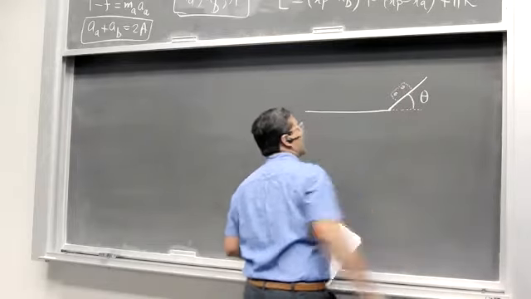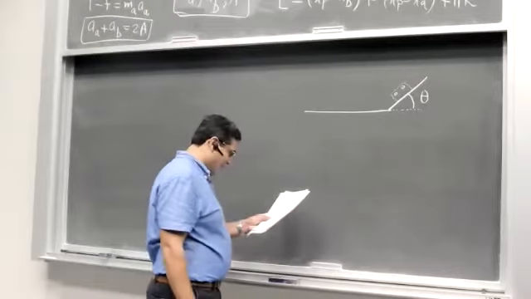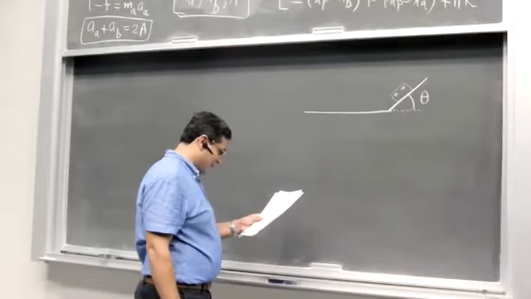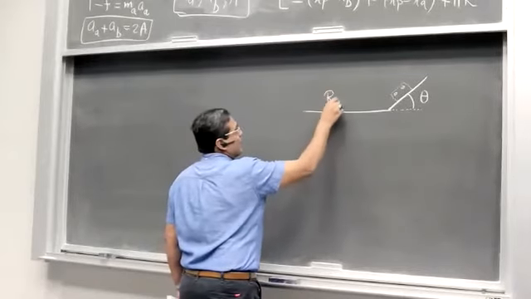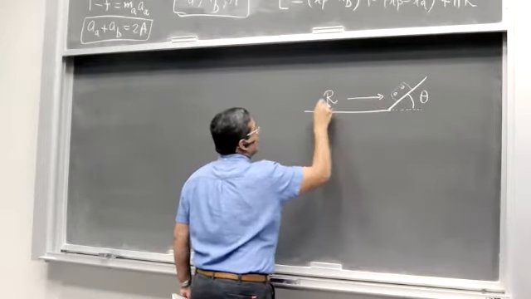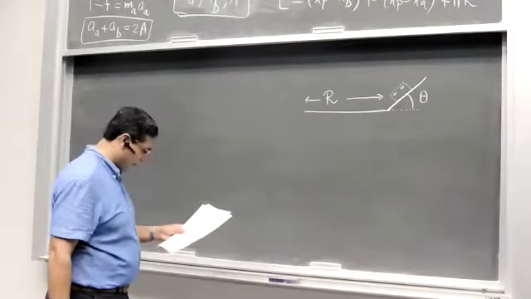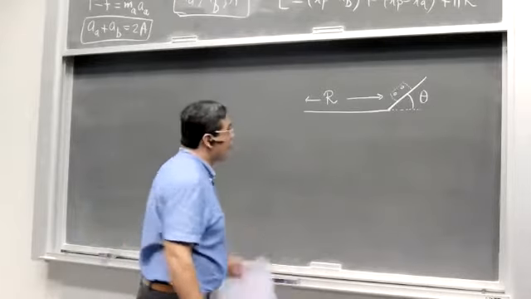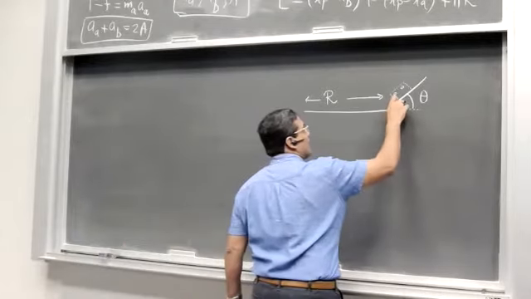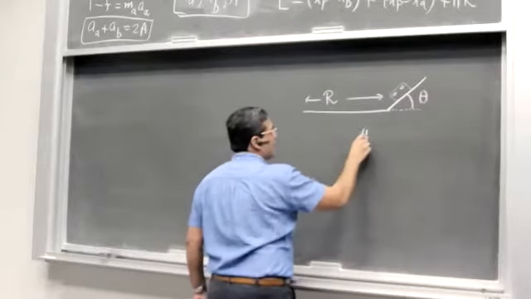So this is the car. And this is the radius of the bank, or the turn, if you like. R is the radius of the bank. And the coefficient of friction between the tires and the concrete or the asphalt is mu.